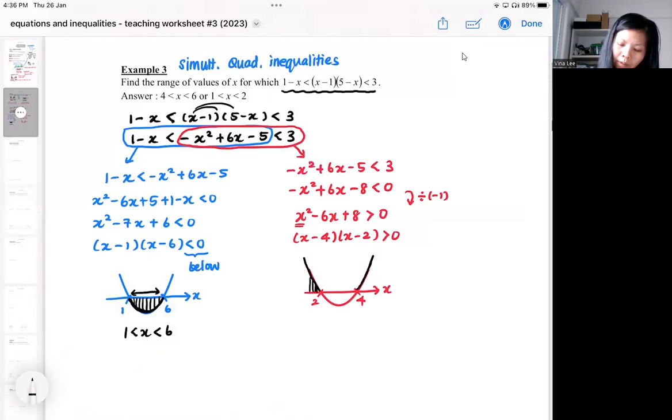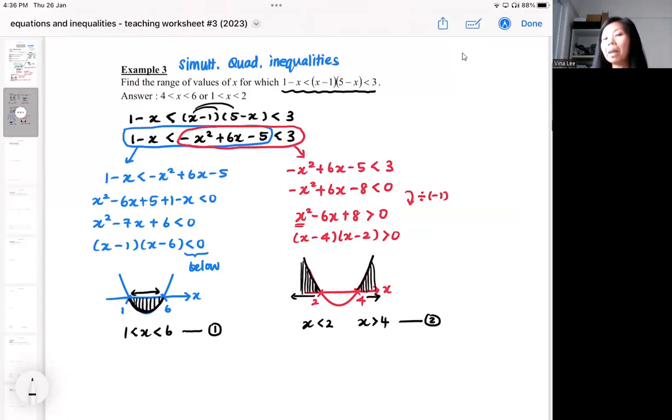For that portion, you observe the x value. The x value is less than 2, and in this portion, all the x values are greater than 4. So these will be your two answers. This is your first answer. This is your second answer.